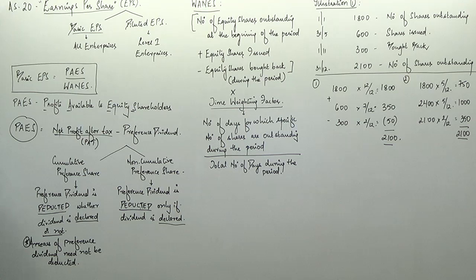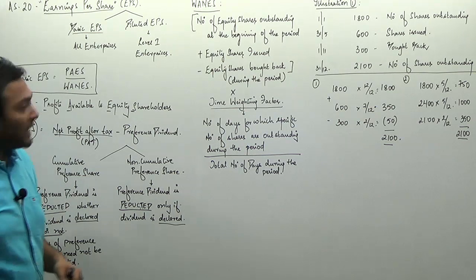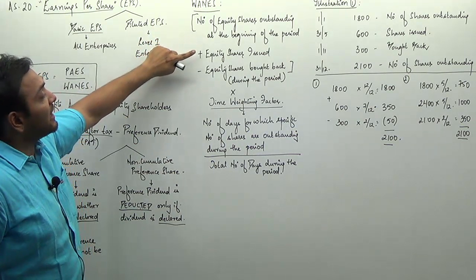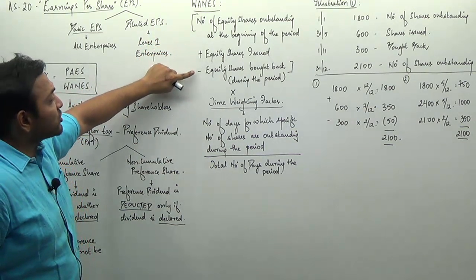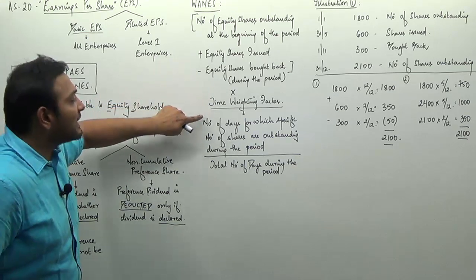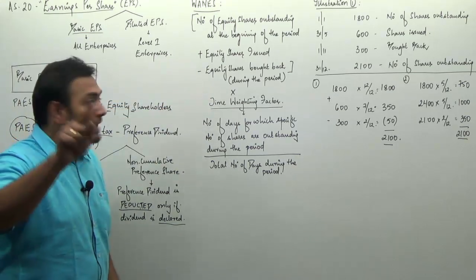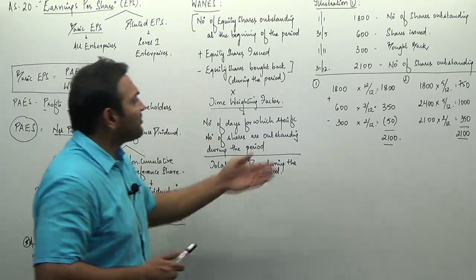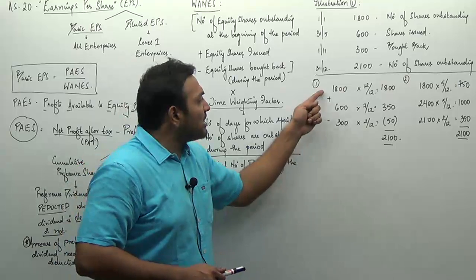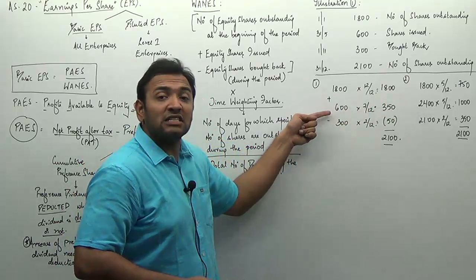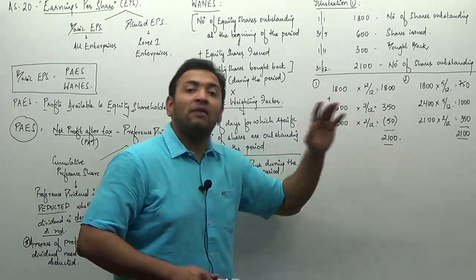Just check. Now, let me start with the beginning point. Number of shares outstanding at the beginning of the period added with the number of shares issued, reduced by the number of shares bought back, multiplied by time weighting factor. Now, I said after you adjust, you need to multiply with time weighting factor, but in the first case, 1800 shares directly I multiplied with the time weighting factor, and those 600 shares issued were multiplied with their own time weighting factor.